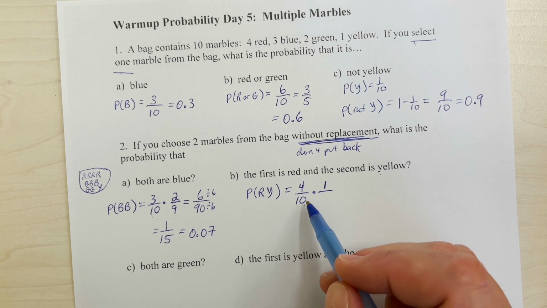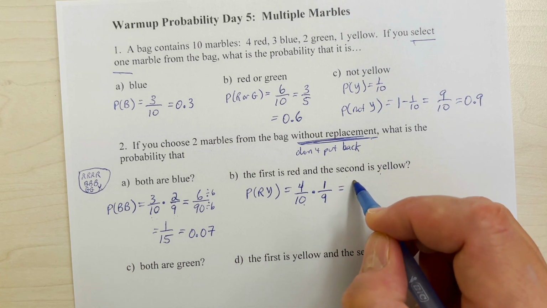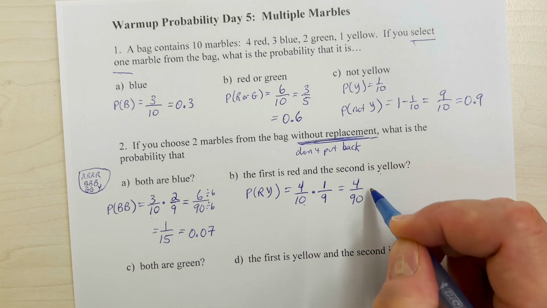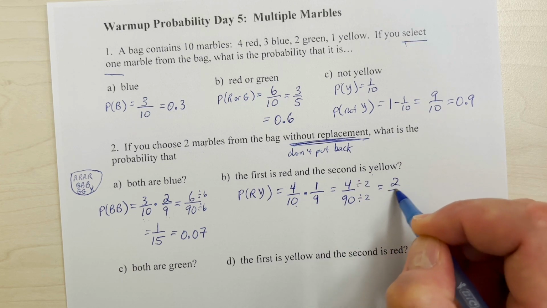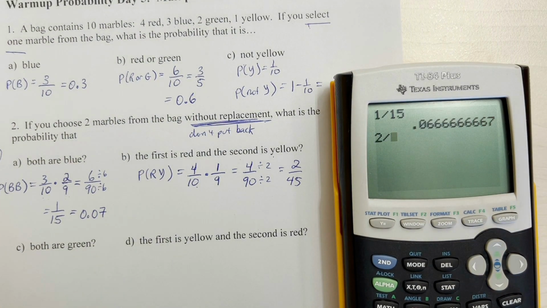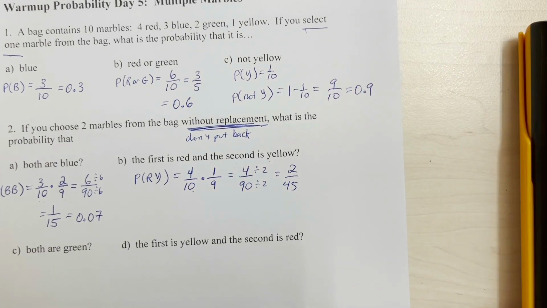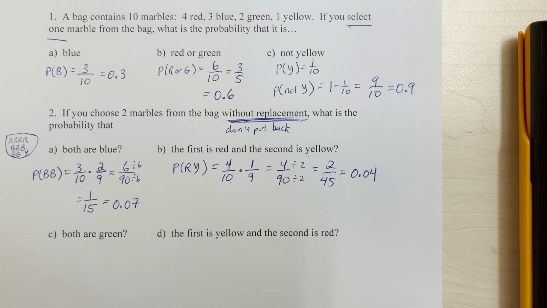We chose 1, and we didn't put it back, so this becomes 9, and what we get is 4 over 90. We can divide those by 2, and we get 2 out of 45. As a decimal, that's quite small, 0.04.